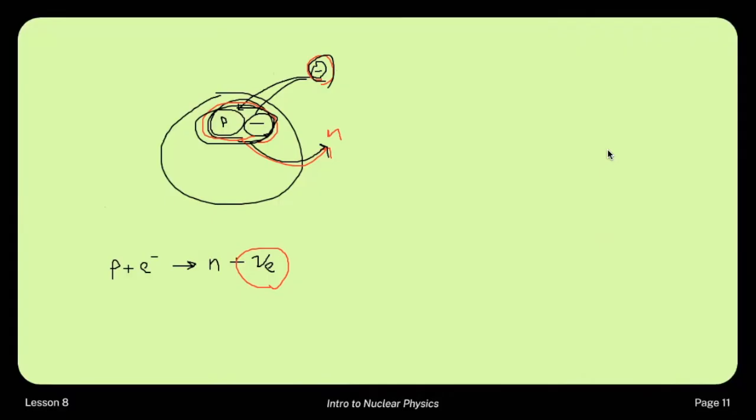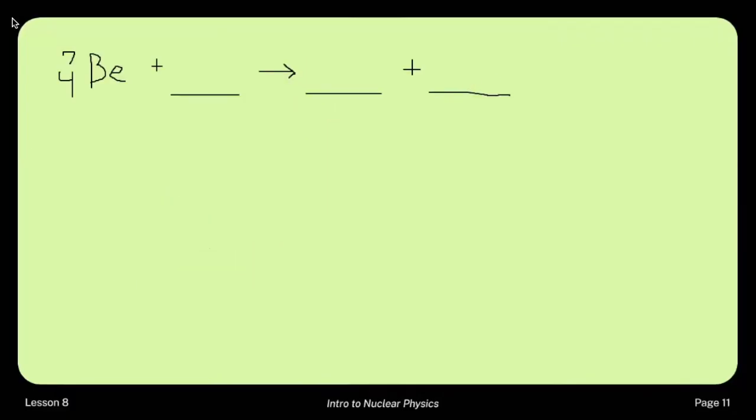So again, we started with a diagram of beta plus decay, and we said that that commonly occurs in proton-rich nuclei, and electron capture also occurs in proton-rich nuclei. So we sort of have those two alternative methods for getting rid of that excess positive charge in the nucleus that's making things unstable.